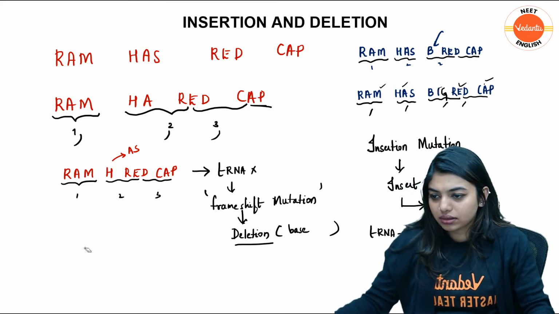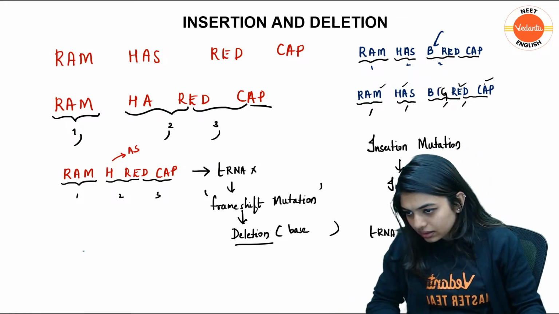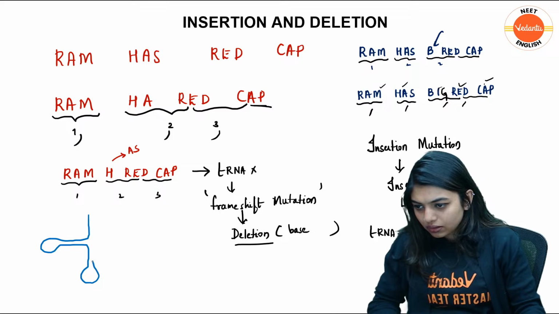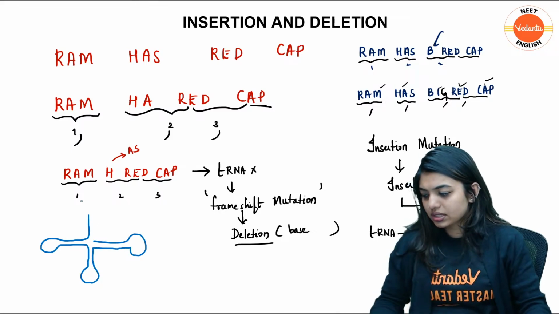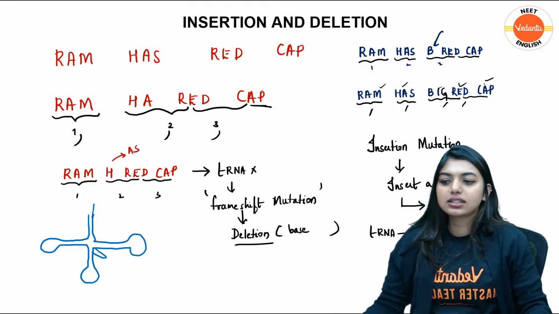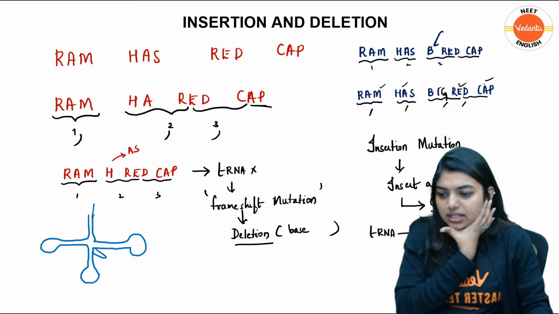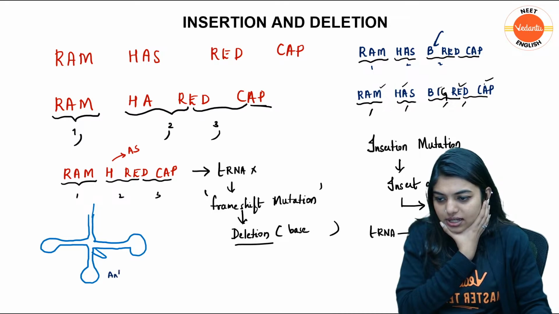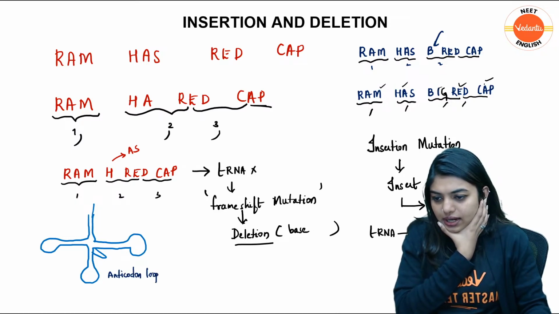This is how your tRNA will look, and on the top it will be like this. This lower portion, which will read your mRNA, is called the anticodon loop.